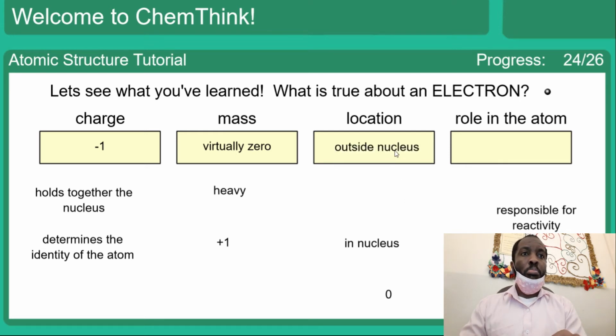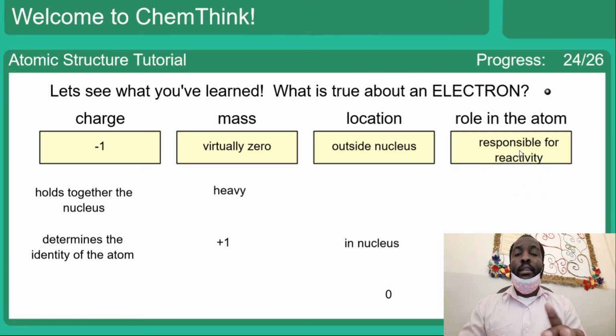That's it. And the role of the electrons, of course, they are responsible for reactivity. So that's a simple exercise as far as these subatomic particles are concerned.